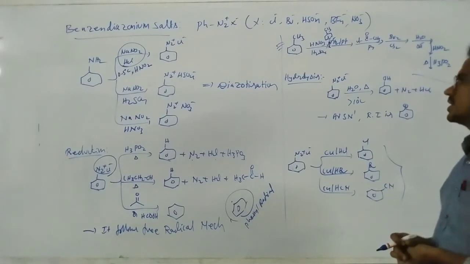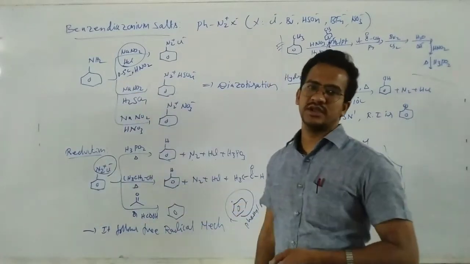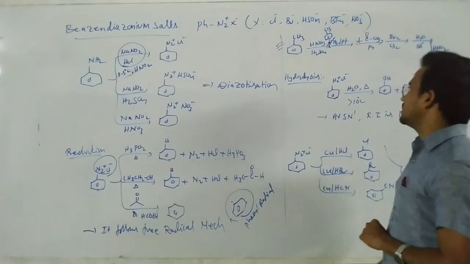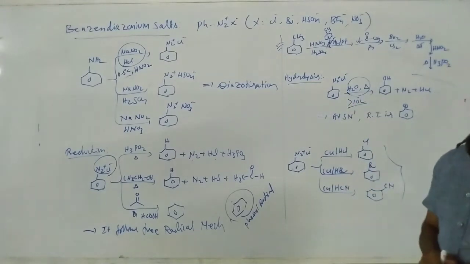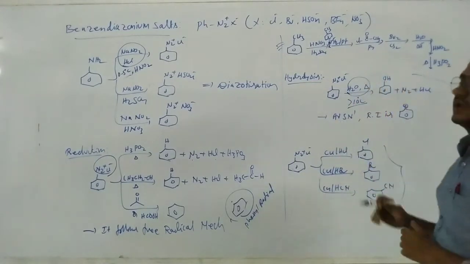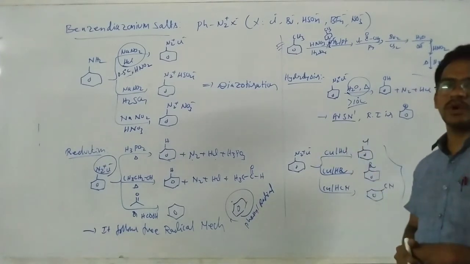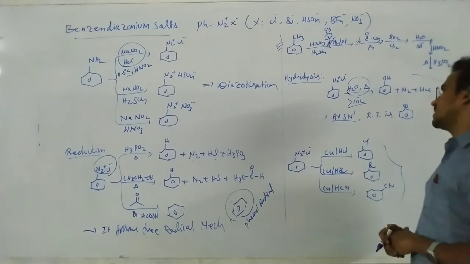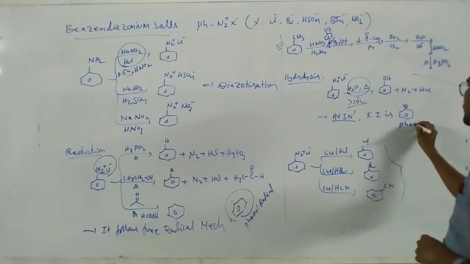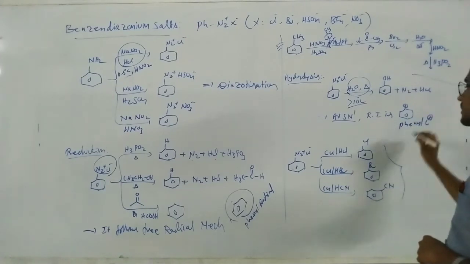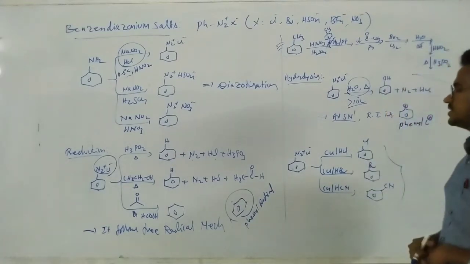And next reaction is the hydrolysis of the benzene diazonium salt. This benzene diazonium salt is stable at 0 to 5 degrees centigrade, at low temperature. And here this compound is hydrolyzed at more than 10 degrees centigrade. That is converted to phenol. Actually here this is the SN1Ar, aromatic unimolecular nucleophilic substitution reaction. In this case, the reaction intermediate is a phenyl carbocation, whereas in the earlier reaction, phenyl radical is the intermediate.